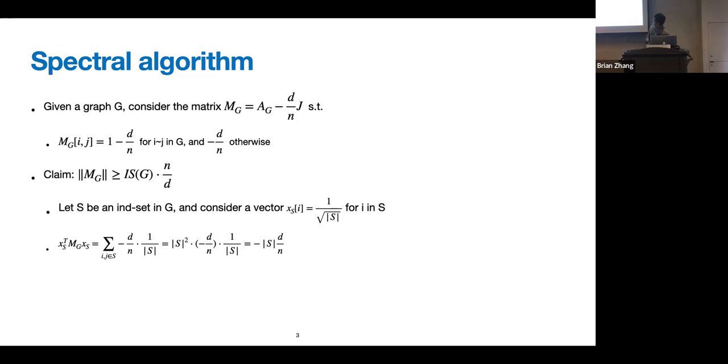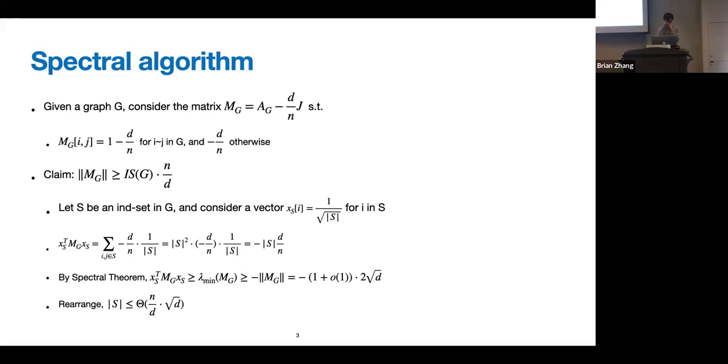So putting together, we get minus |S| times d over n. By the spectral theorem, we also know this is lower bounded by the smallest eigenvalue of M_G, which by random matrix theory is roughly minus 2 root d. So unpacking everything, we get an upper bound of n over root d.